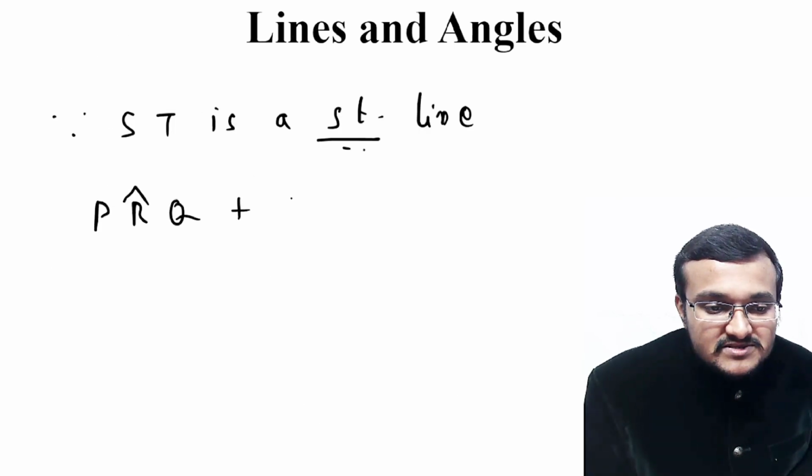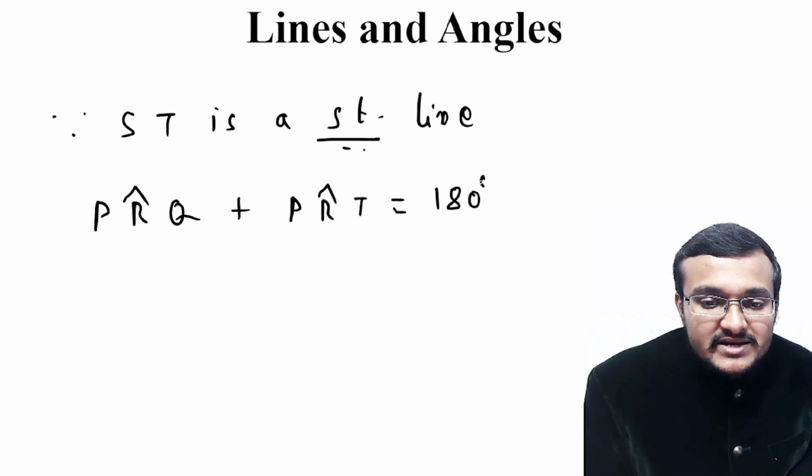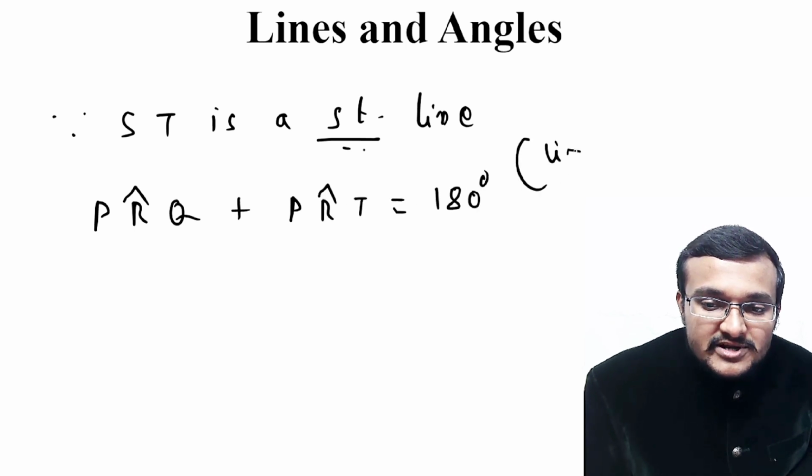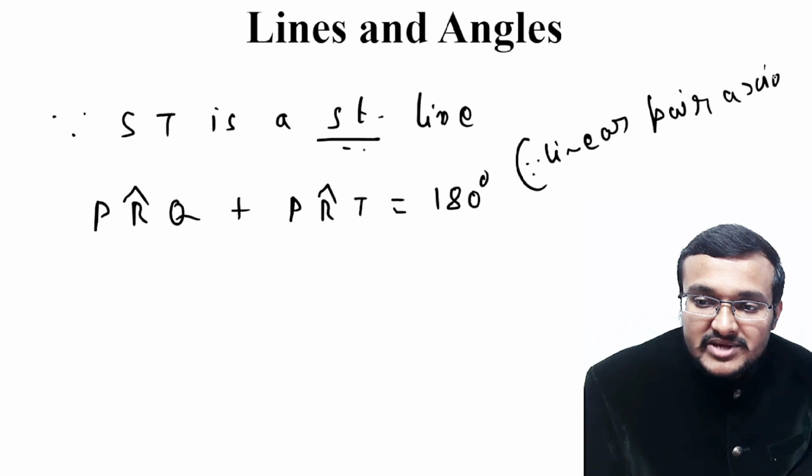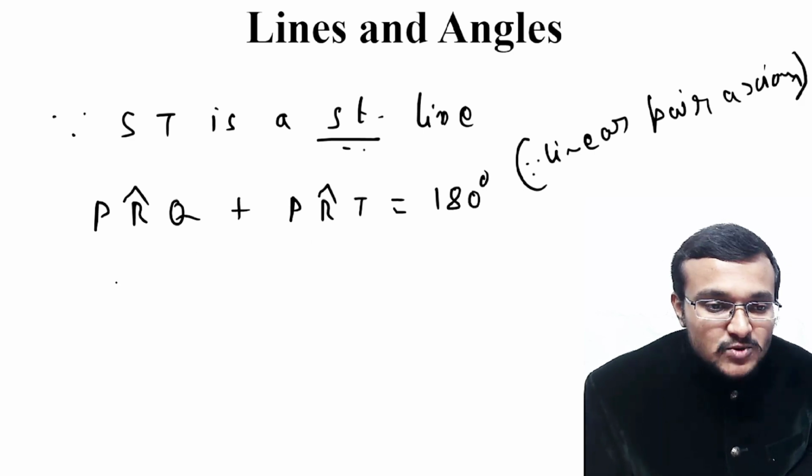PRQ plus PRT should be equal to 180 degrees, and this is also according to the linear pair axiom. Now this you can call equation 2.